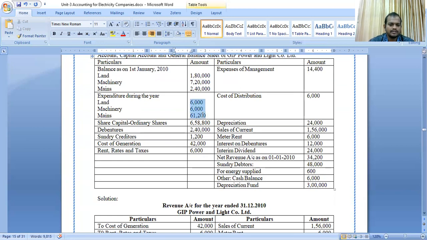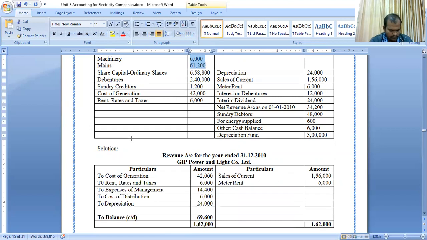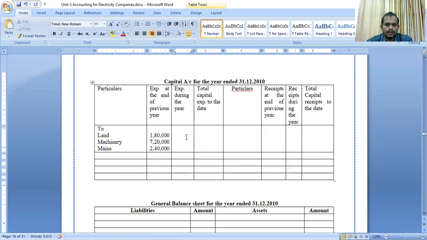So these are the expenditures of capital account. So at the end of the year, this is the total of the capital expenditure to the date for these particular assets. So 1,86,000 and 7,26,000 and 3,01,200.